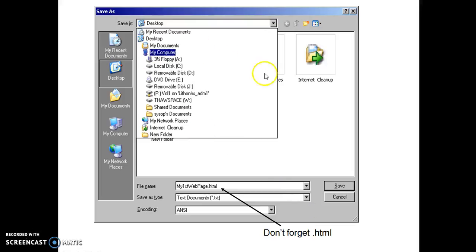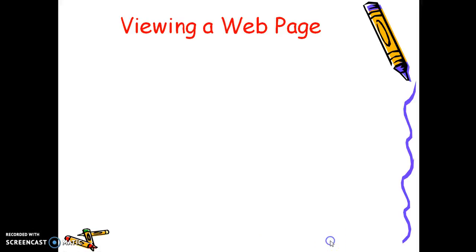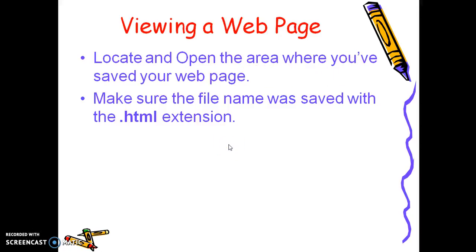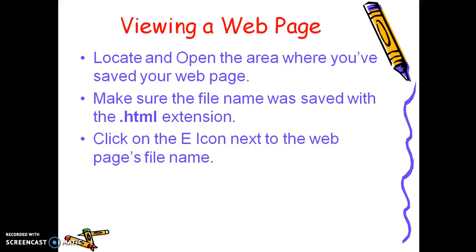Here there is an example of that. Here you can see my computer, and here there is a file name. That one is my first webpage.html. Don't forget to give the extension, that is .html. Now viewing the web page, locate and open the area where you have saved your web page. Make sure the file name was saved with the .html extension.